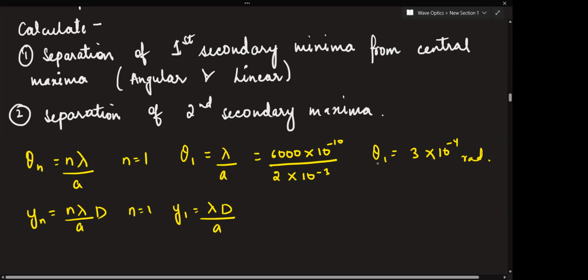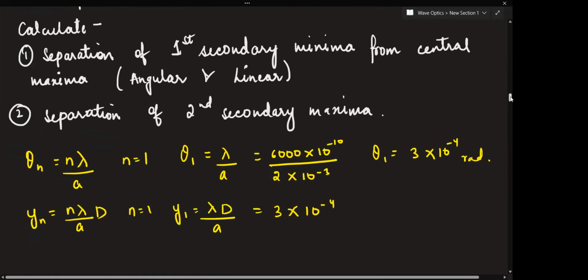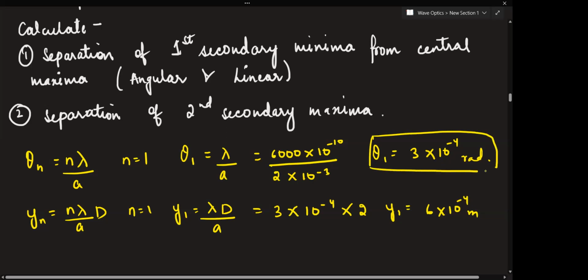Lambda by a is 3 into 10 to the power minus 4, and capital D is given as 2 meters. So we can simply multiply it by 2 and y1 will be equal to 6 into 10 to the power minus 4 meters. So this is the angular separation and this is the linear separation.